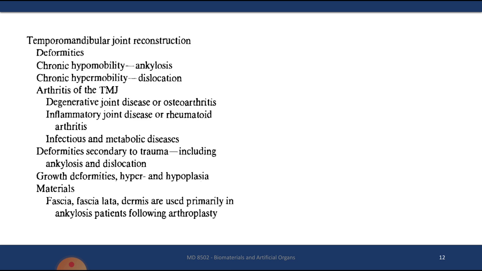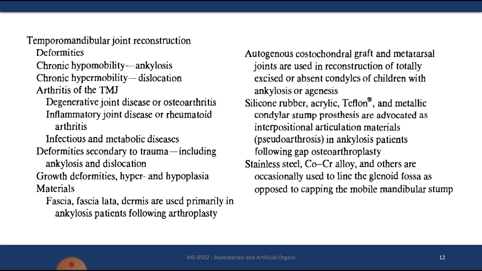And for temporomandibular joint reconstruction, the materials are given here, and for what purposes they use them, like chronic hypomobility, arthritis and deformities, all those things they go for temporomandibular joint reconstruction.